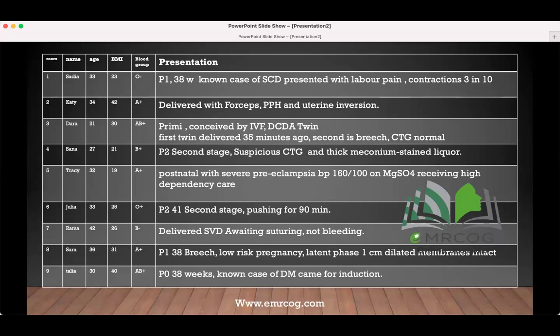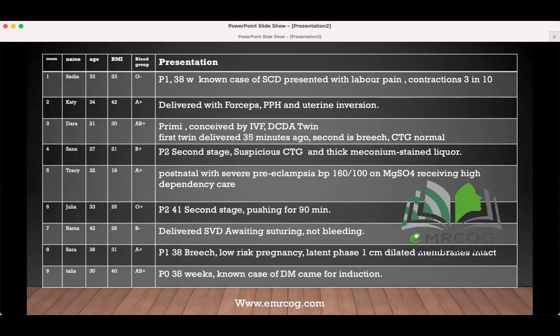I will make sure the patient is kept warm and has adequate fluid during the labor. I also will monitor the fetal heart rate continuously, and if the patient requires pain relief, I will try to avoid pethidine, and we will monitor the labor progress. If the labor is not progressing, we will counsel the patient. There's a risk of lower segment cesarean section.